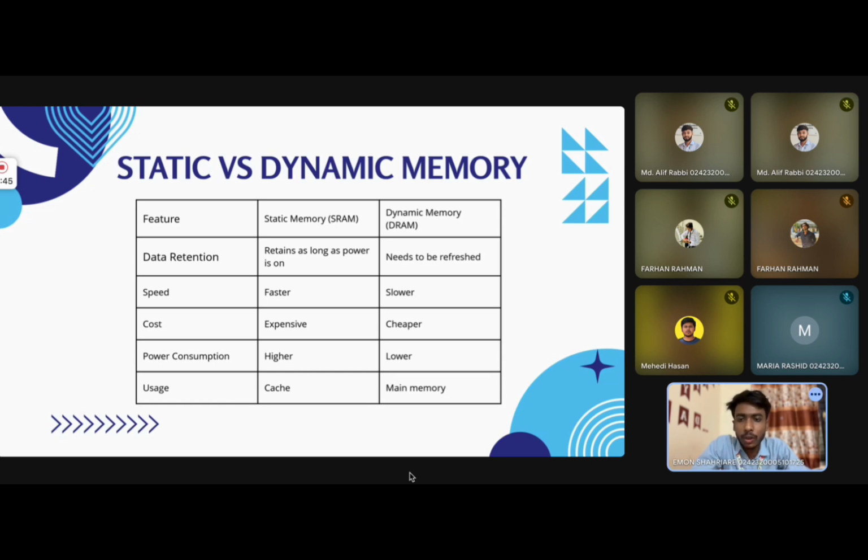Speed: static memory is faster and dynamic memory is slower. Cost: static memory is very expensive, and dynamic memory is much cheaper. And the last feature is use: static memory is used for cache, and dynamic memory is used for main memory. Next slide please.